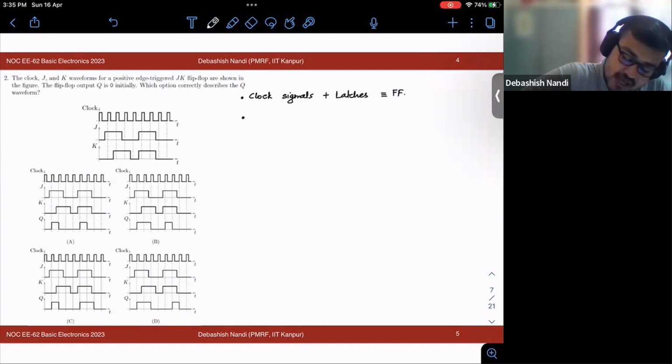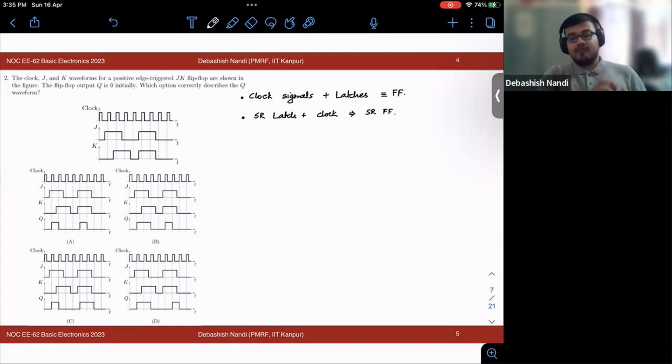So if I have to say, your SR latch plus clock would give you SR flip-flop. So SR flip-flop is the basic kind of flip-flop you can have. Then based upon that, you can build upon SR flip-flop and improve many other aspects, and you can finally arrive at JK flip-flop.